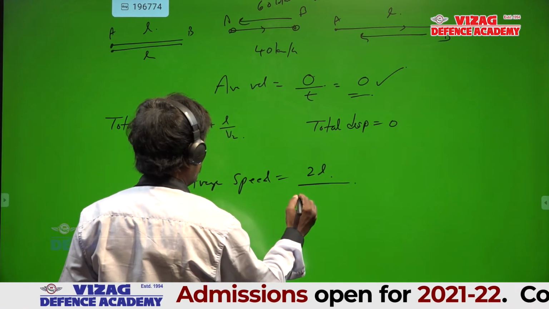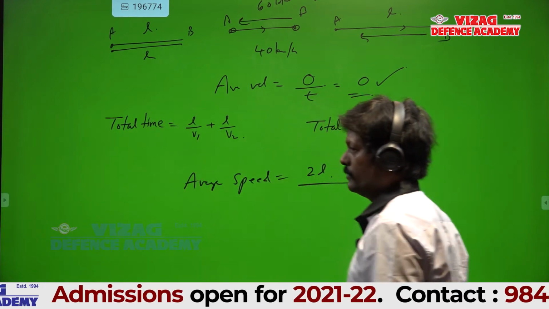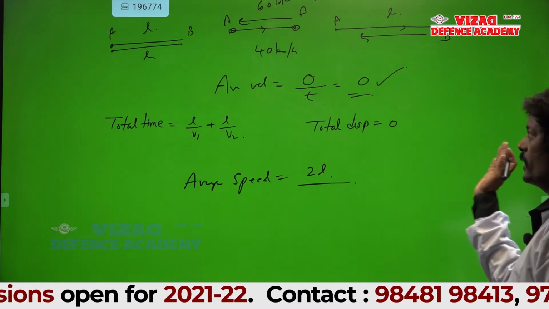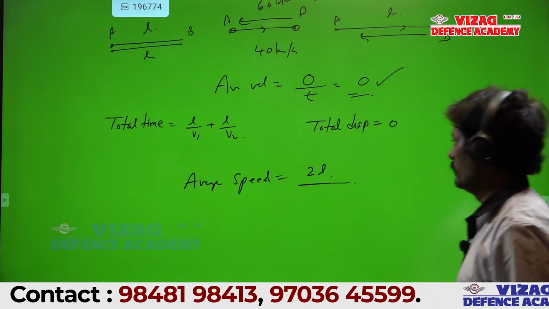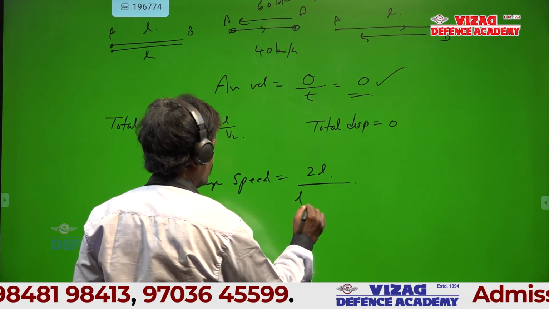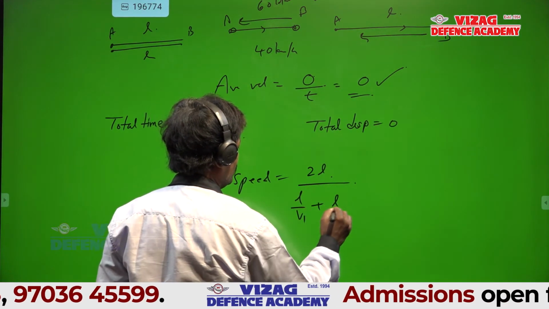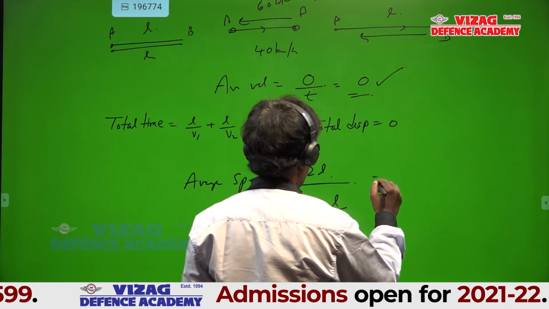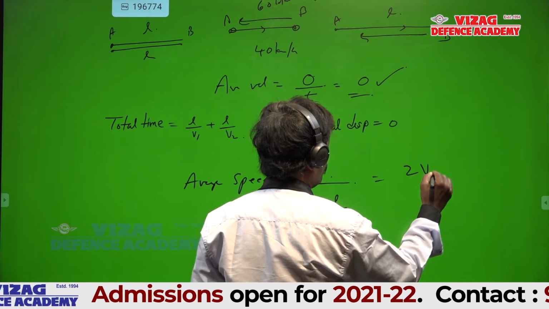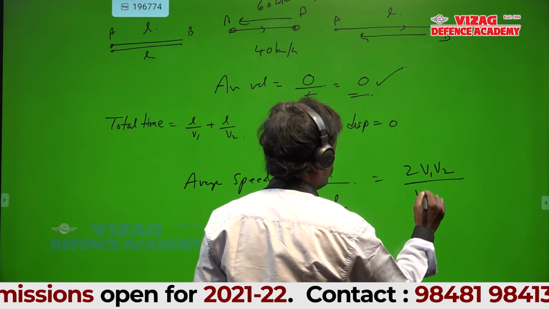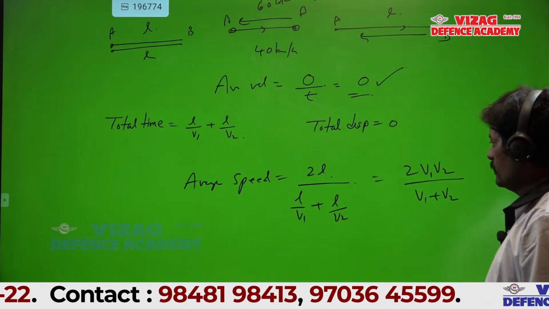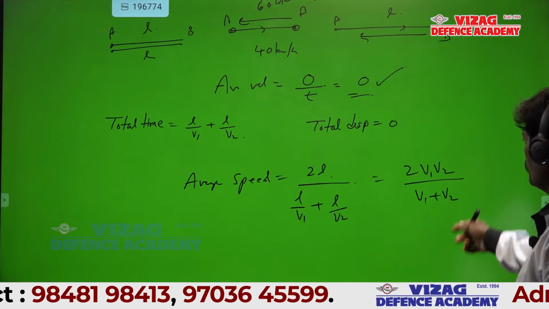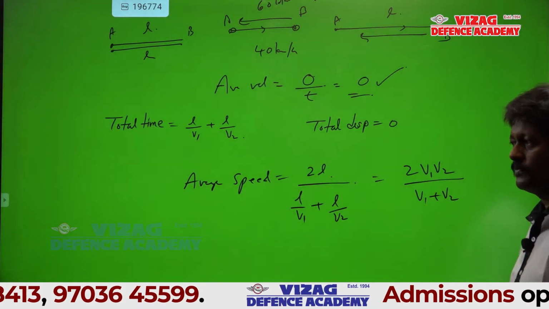by total time, going and coming back. Very good. L by V1 plus L by V2. Now if you simplify this, L will get cancelled, and you get 2V1V2 by V1 plus V2.